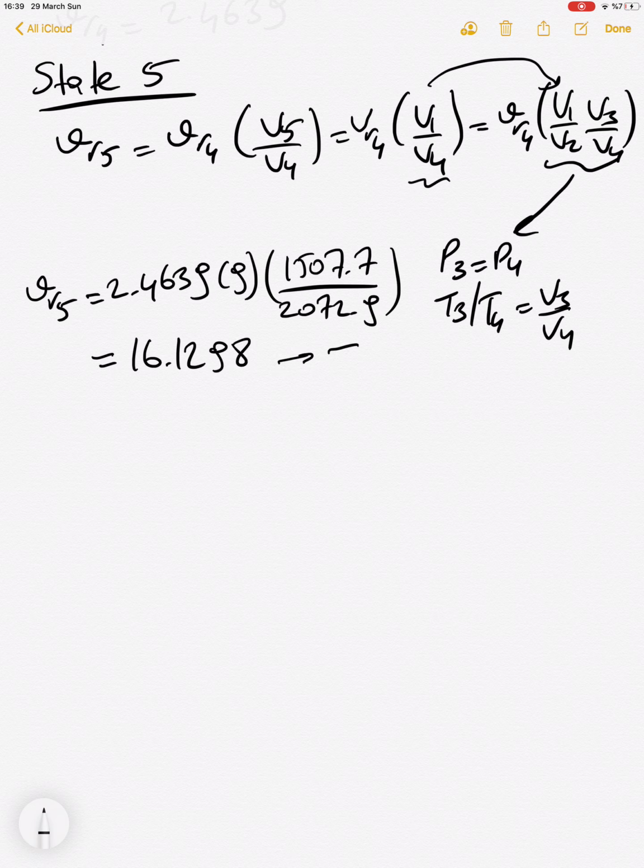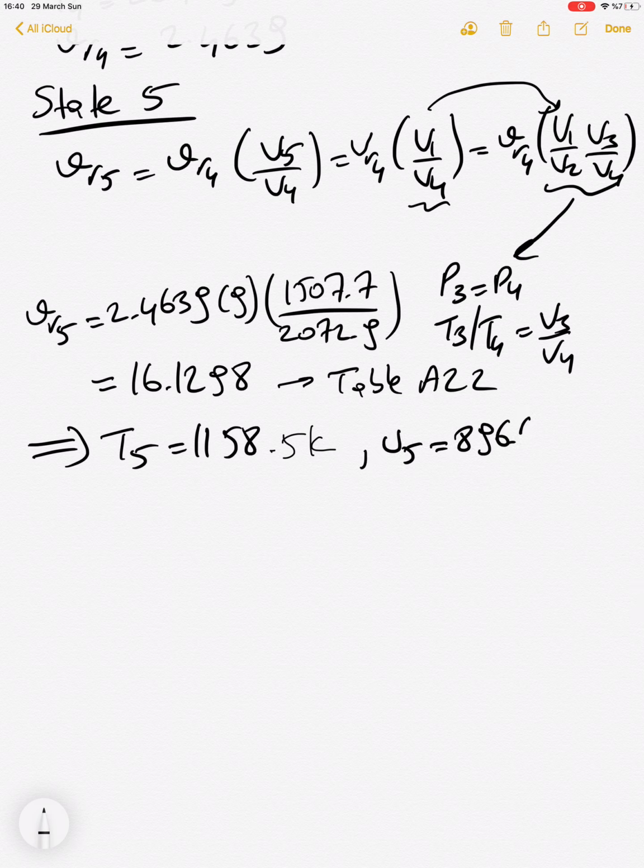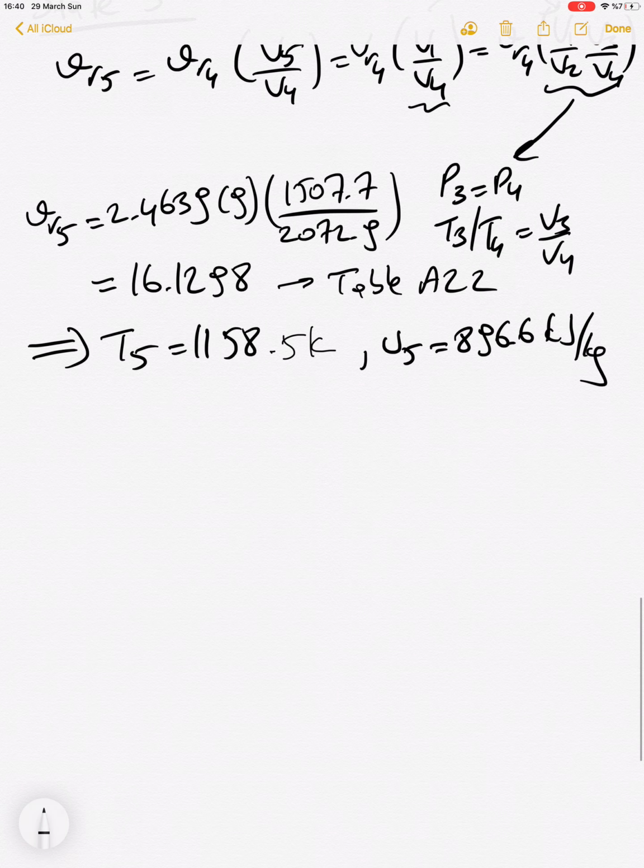So if you go to table A22, what you can read from there is T5, 1158.5 Kelvin, and you can read also U5, which is 896.6 kilojoule per kilogram. So everything is known now, the temperatures, etc.